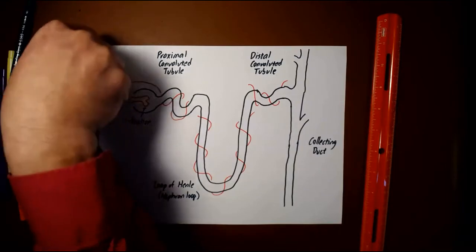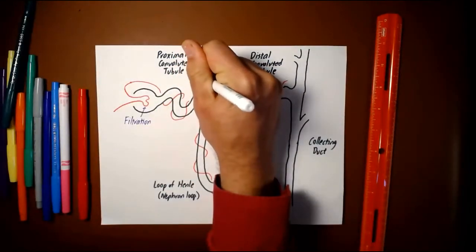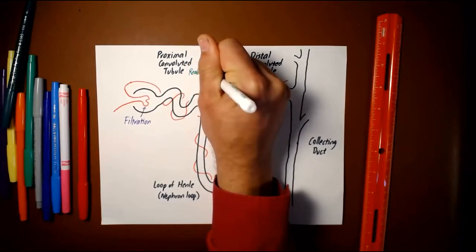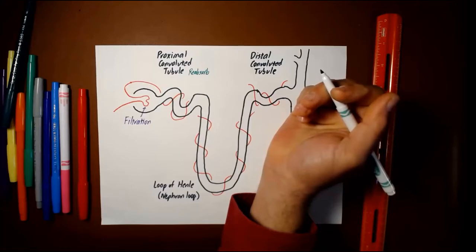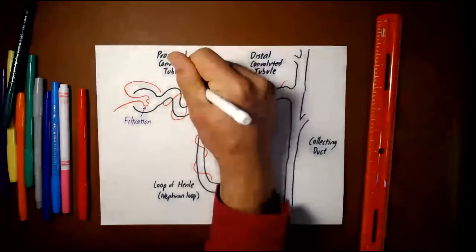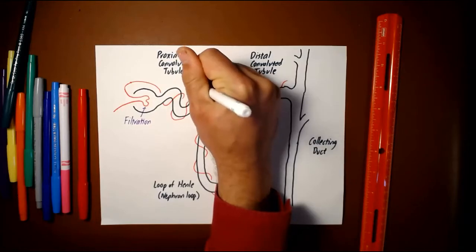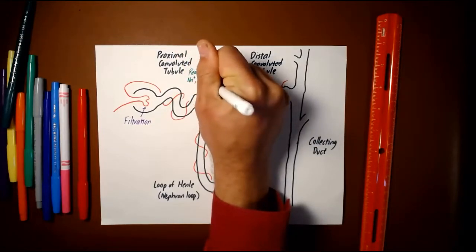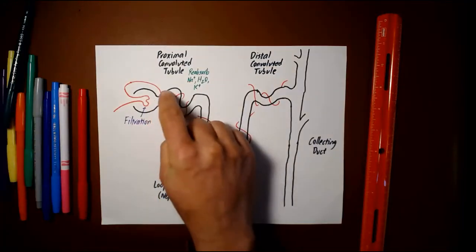Let's make a note of that in green. We reabsorb a lot of things, for example, glucose and amino acids, but we're going to pay special attention here to sodium, water, and potassium here in the proximal tubule.